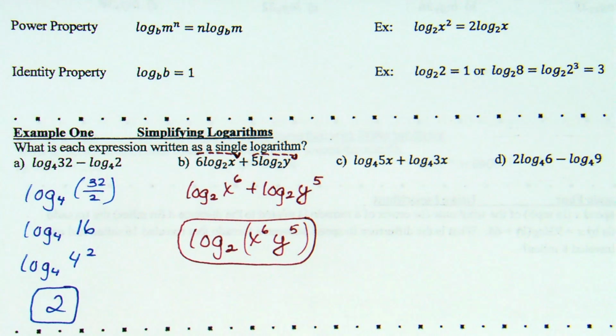Okay, let's try C. Log base 4 of 5x plus log base 4 of 3x. Thoughts on what I'm going to write down here? Yeah, it's a plus, it's multiplication. So you want to do log small 4.